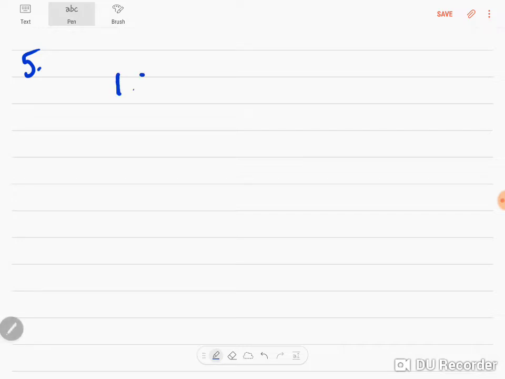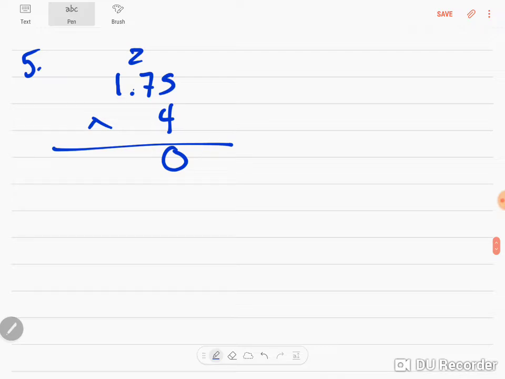So we have 175 times 4. 5 times 4 is 20. 0, carry the 2. 7 times 4 is 28, plus 2 is 30. 1 times 4 is 4, plus 3 is 7. Your answer is $7.